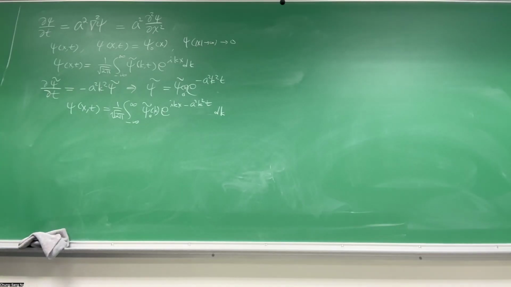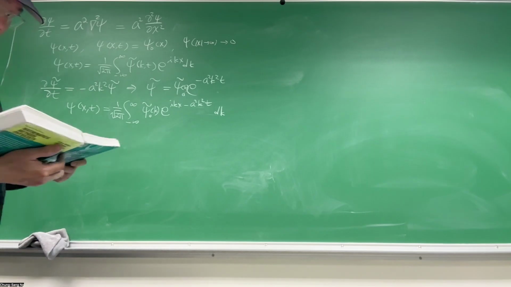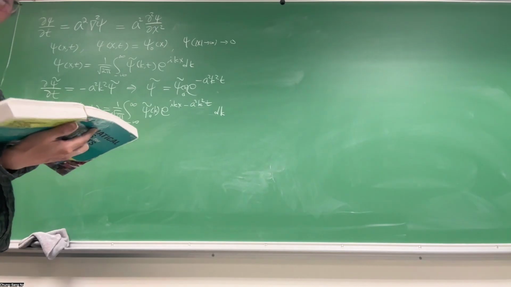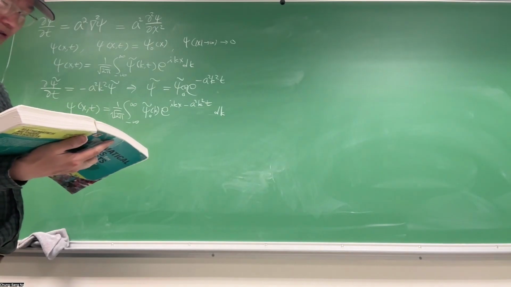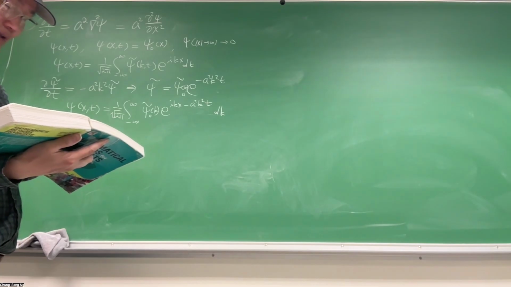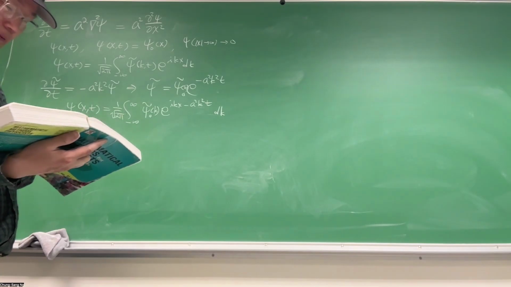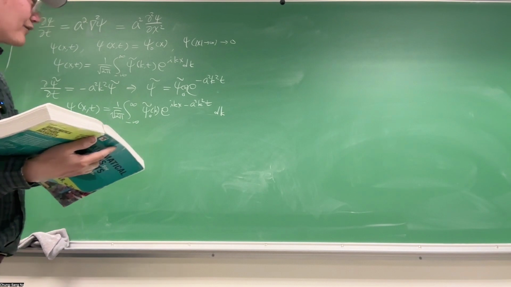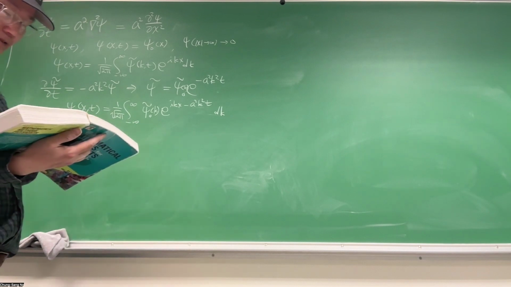Your textbook didn't use that form, but I think it has the form of 9.102, which is exactly this form. Actually, if you look at it, your textbook uses omega instead of k. Usually we use k for the spatial Fourier transform, right?